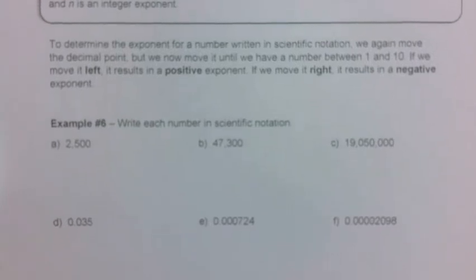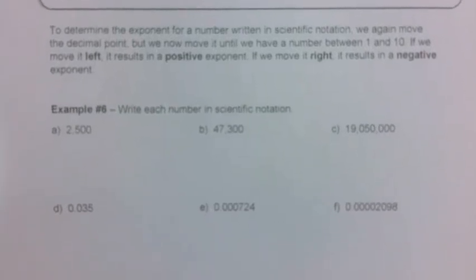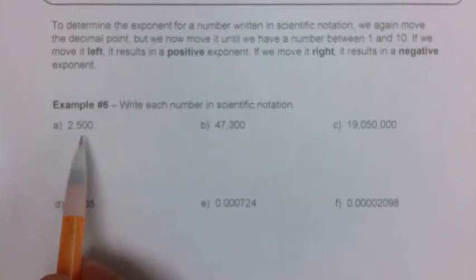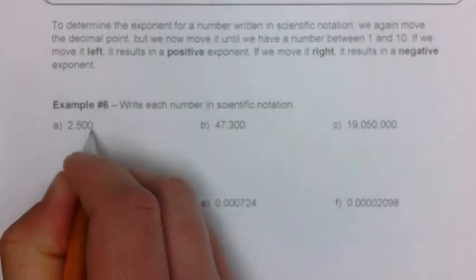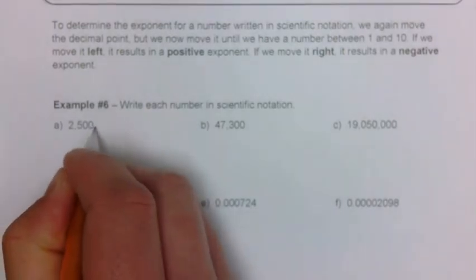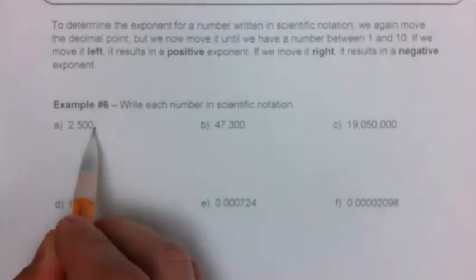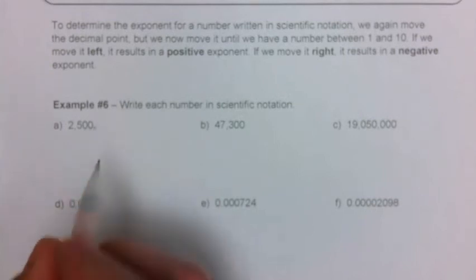In example number 6, write each number in scientific notation. I have the number 2,500. The first thing that I have to do is realize where its decimal point currently is, and it's right there after that 0. I have to move this decimal point until I create a number that's between 1 and 10.